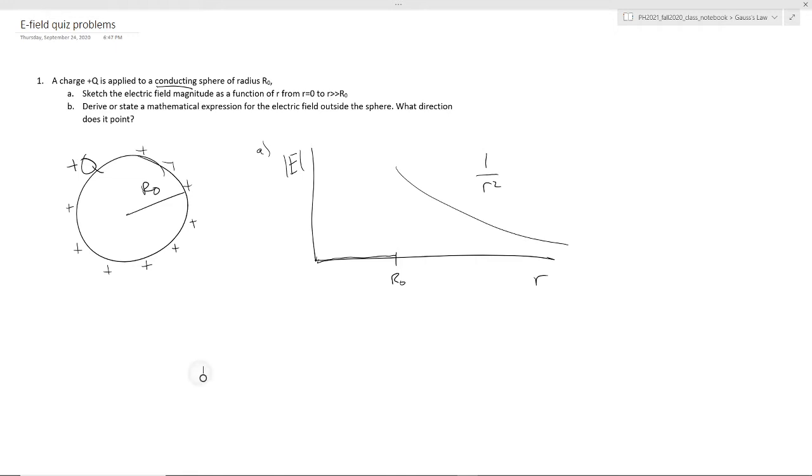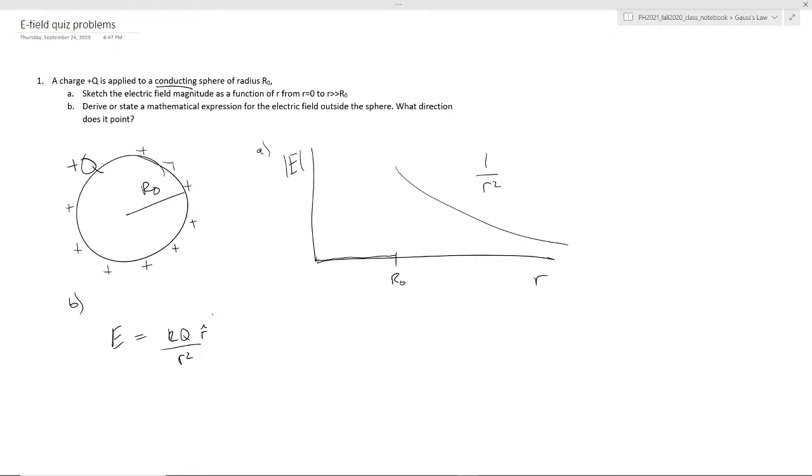And then for part B, where I'm asking you for the function, there's a couple different ways that we've talked about to think about this. One is, if you know it's like a point charge, you can just say, okay, it's going to look like Coulomb's law. So the electric field would look like kQ over r squared, pointing in the r hat direction.